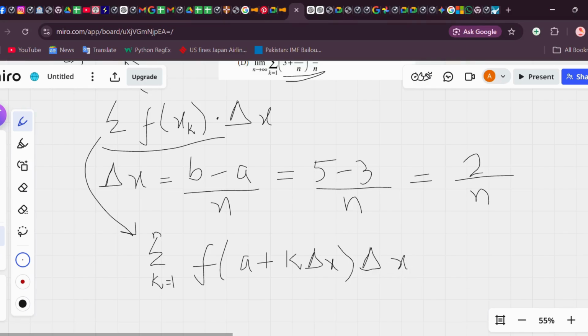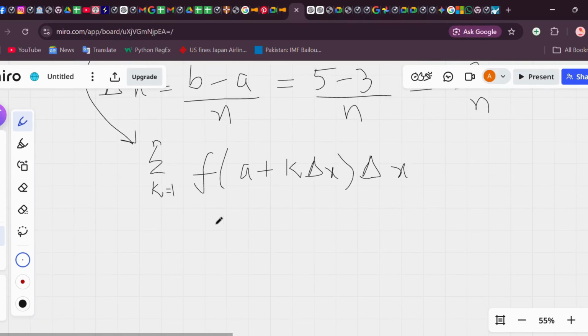So we have a plus k delta x, where delta x is 2 over n, which gives 2k over n.